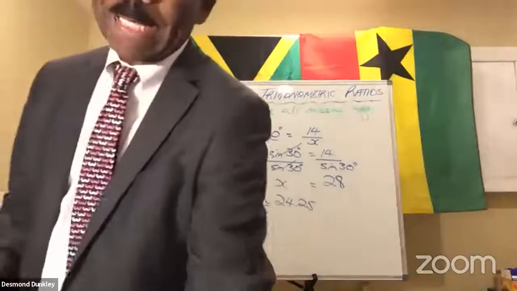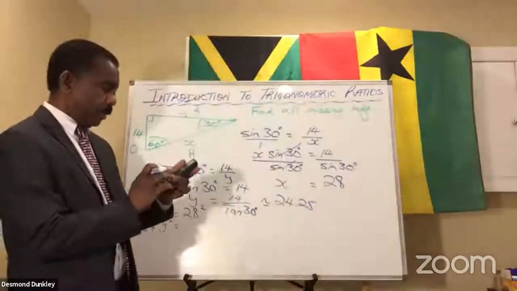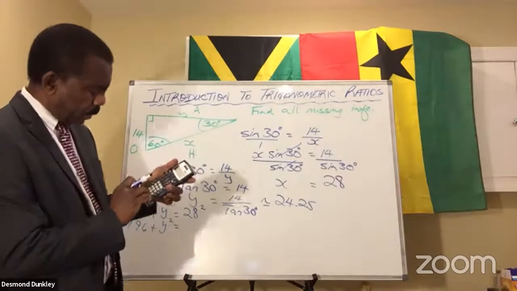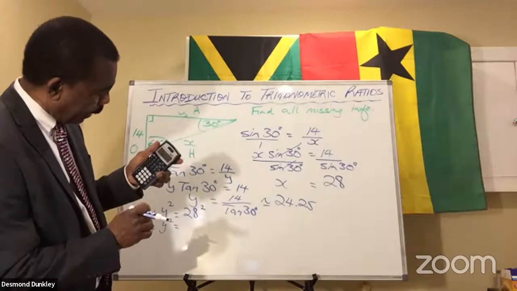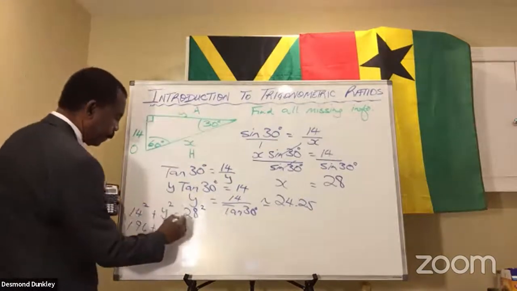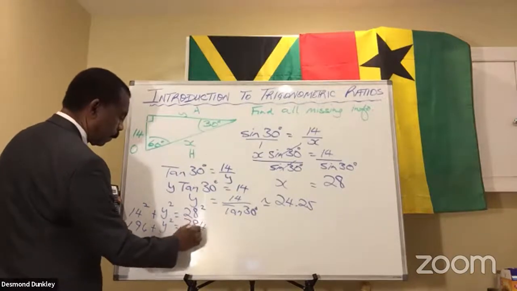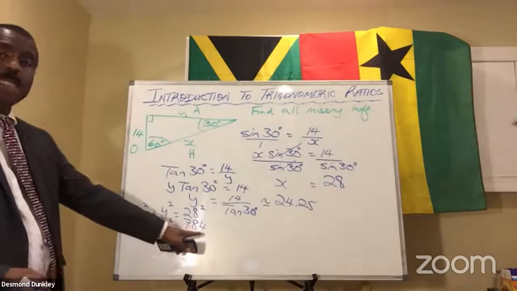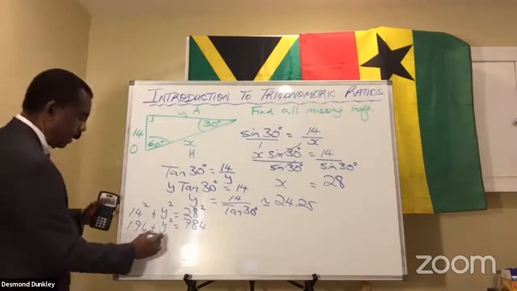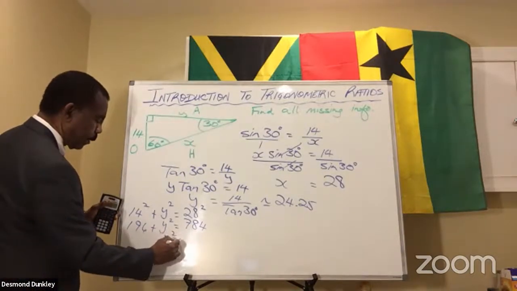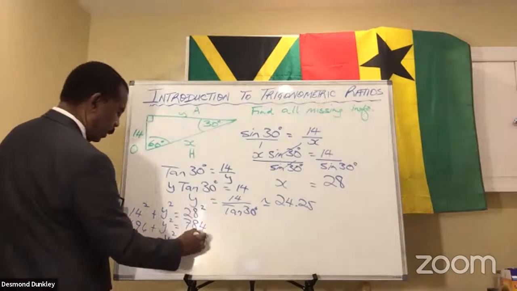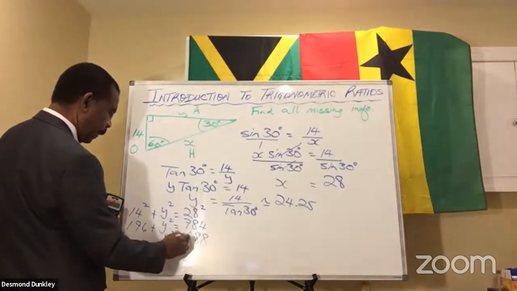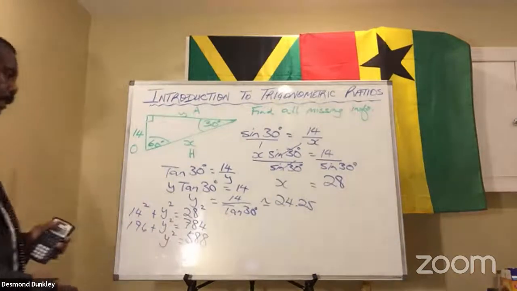I do not know what that is. 28 squared is 28 times 28, and that's equal to 784. So now I need to take 196 from 784. We end up with y squared equal to 588.